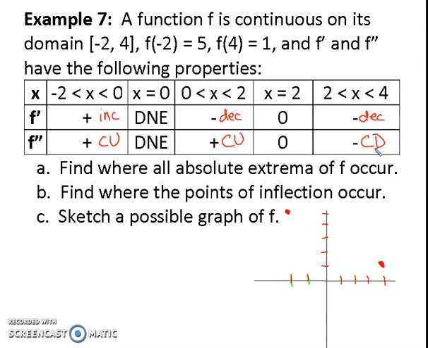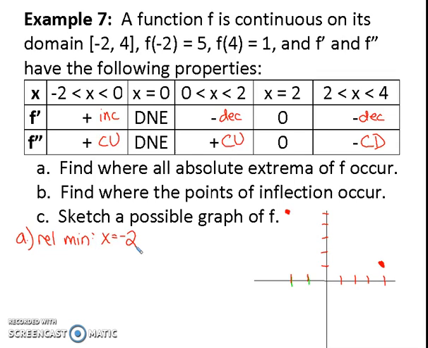Part A says to find where all absolute extrema of the function occur. My graph starts at the point (-2, 5) and increases to where x is 0. I don't know the y value there, but it increases. Then it decreases from 0 to 2, and then some more from 2 to 4. So that tells me my beginning point of (-2, 5) is a relative minimum. They only asked me for the absolute extrema, but I'm making a list, so it can't hurt to include it.